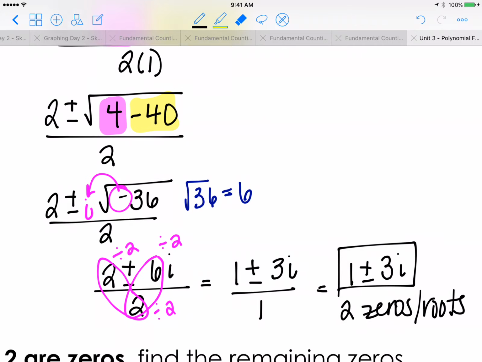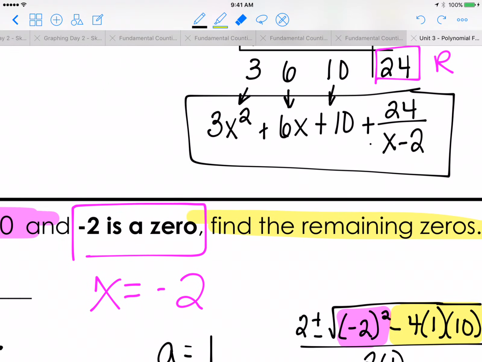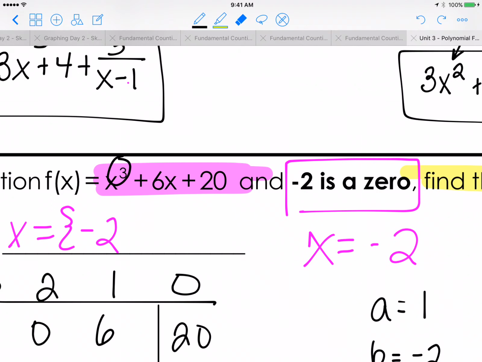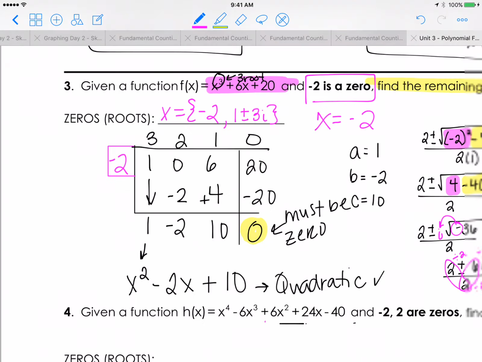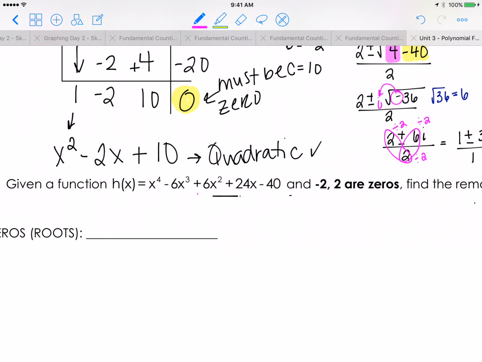So remember, this was a x to the third, which means we need to have 3 roots, or 3 solutions. So one of them was negative 2, and the other one was 1 plus or minus 3i. So now we found all of them.